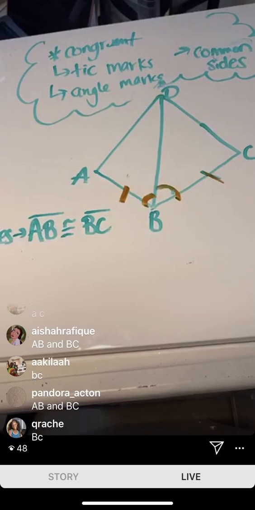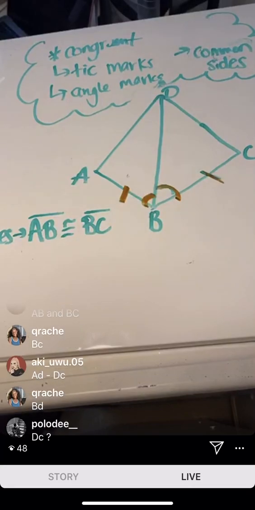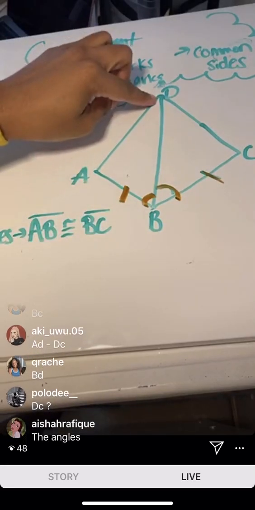Okay? Anybody can tell me anything else that is congruent. We're looking for three things. So, any other sides or any pair of angles that are congruent. Type it in the comments. AD and DC.